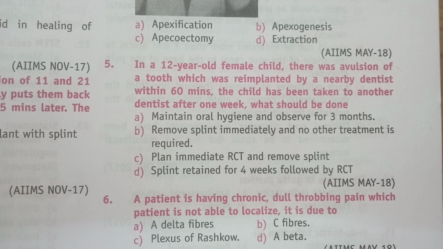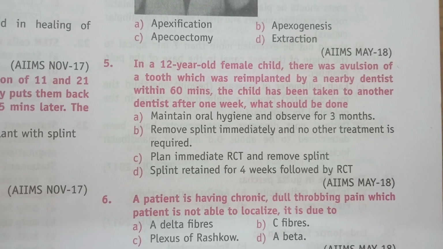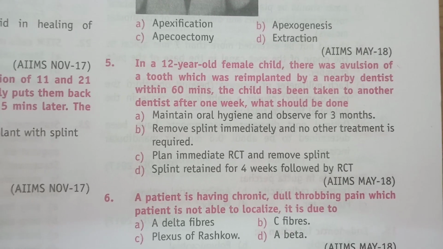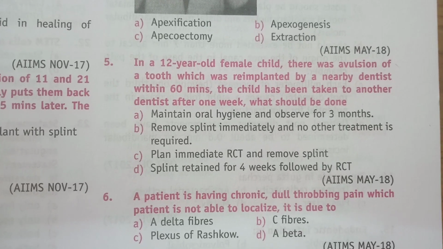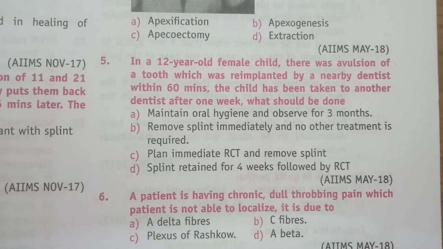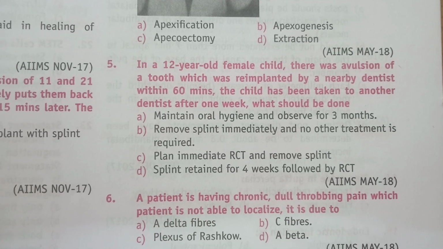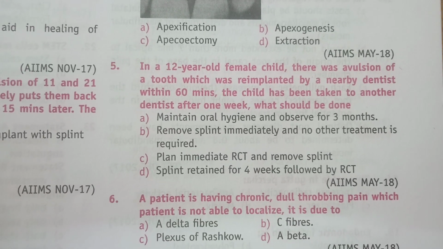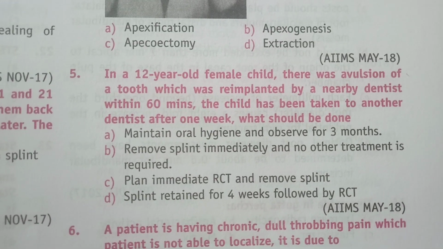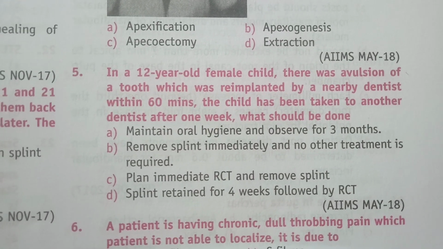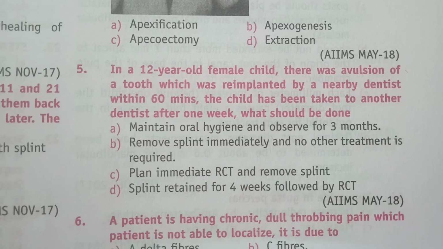Option B. Remove splint immediately and no other treatment required. Option C. Plan immediate RCT and remove splint. Option D. Splint retained for 4 weeks followed by RCT. The answer is C. Plan immediate RCT and remove splint. Take a snapshot if you want to keep the record.